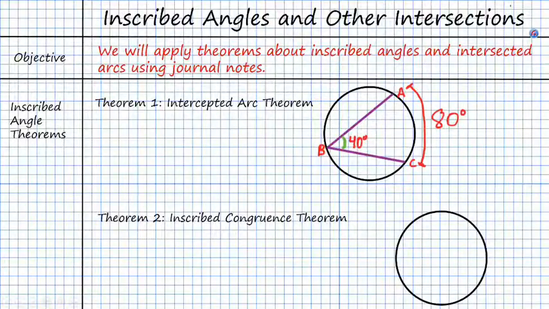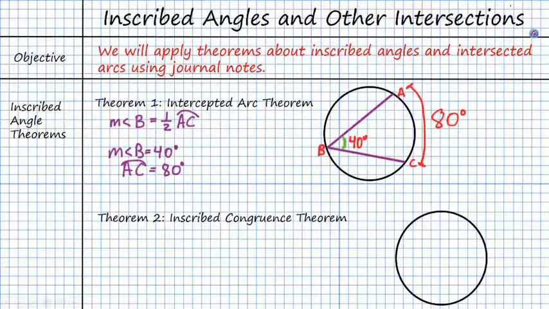Our theorem can be stated as the measure of angle B, or the inscribed angle, is equal to 1/2 the arc AC. In this case, the measure of angle B was 40 degrees, and the arc AC was 80 degrees. This is a pretty obvious theorem.